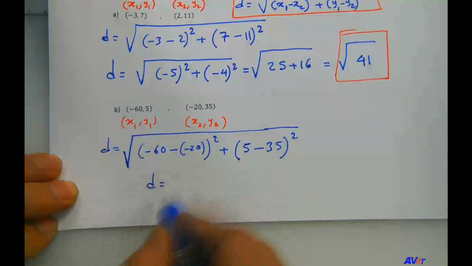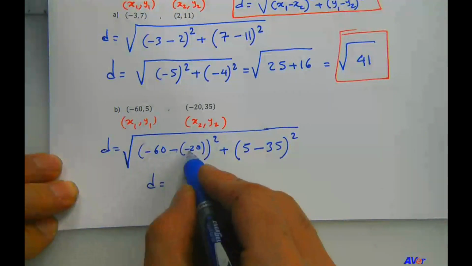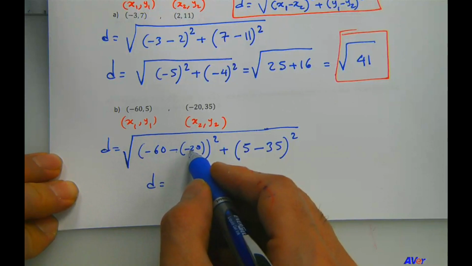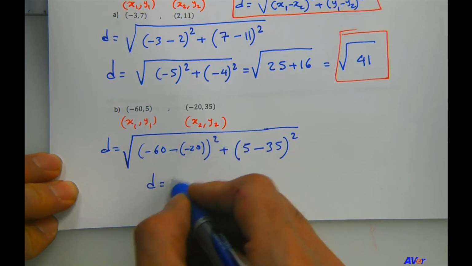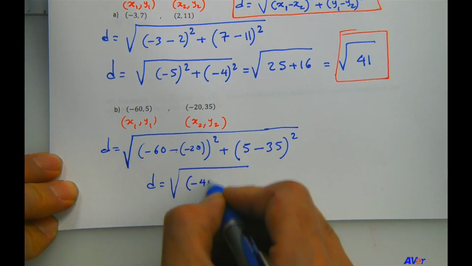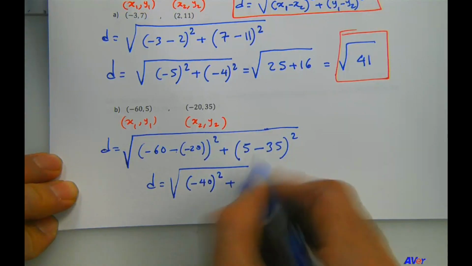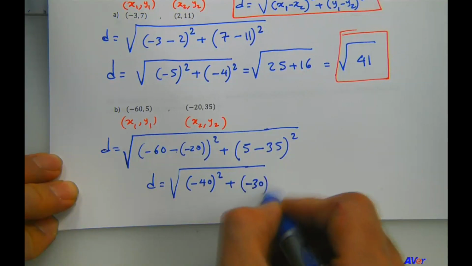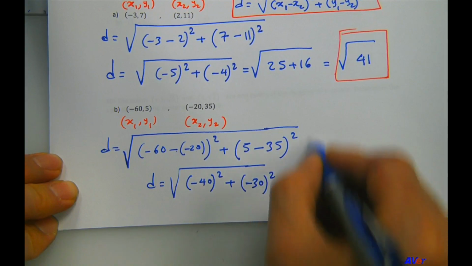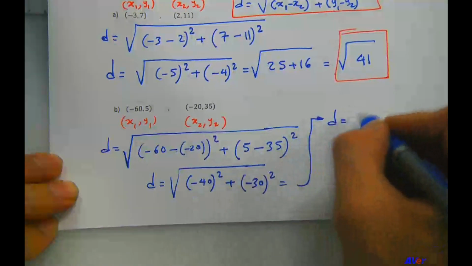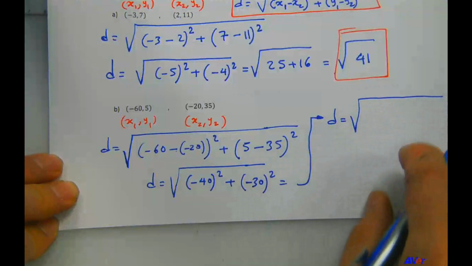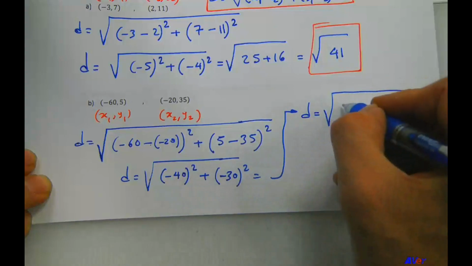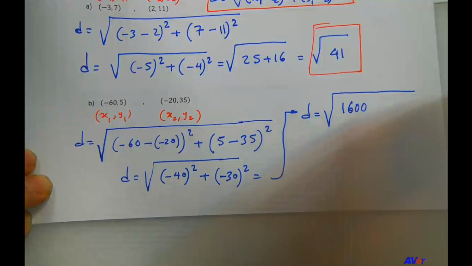So D equals minus 20, that's positive 20. Minus 6 plus 20, that's minus 40 squared, right? So we have minus 40 squared plus 5 minus 35 is minus 30 squared. Minus 40 squared is positive 1600.